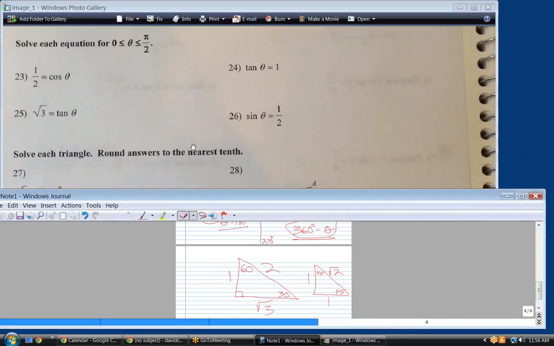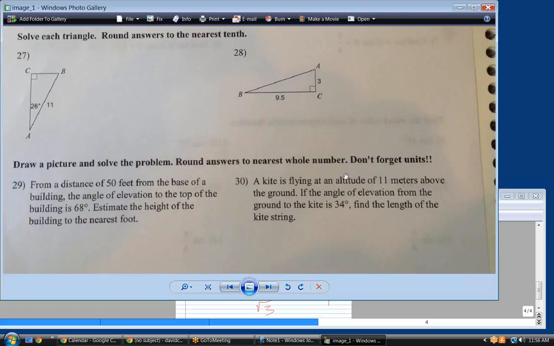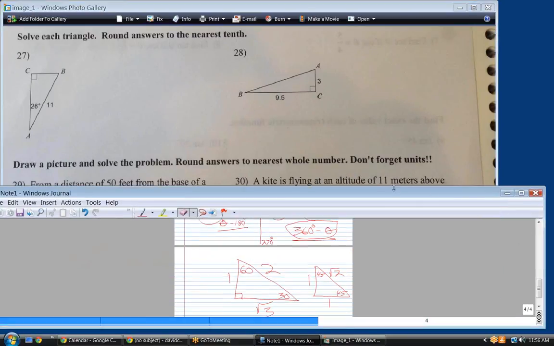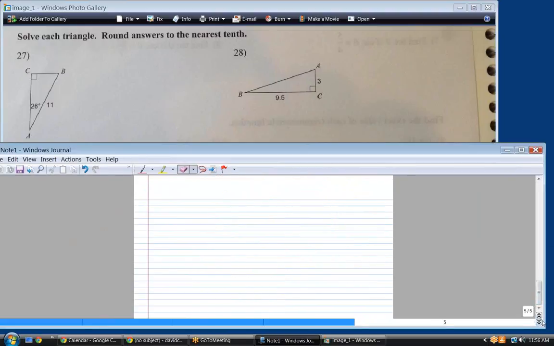Let's skip to 27, because we've already done 26. Solve each triangle, rounding answers to the nearest. Okay, these are definitely going to be calculator problems. In other words, it always turns into a calculator problem if you're not dealing with a 30, 45, or 60 degree angle or some multiple of that.